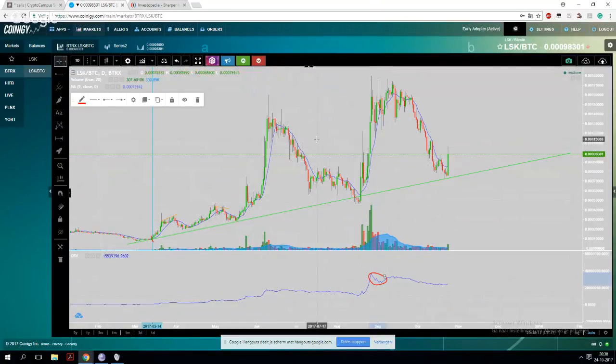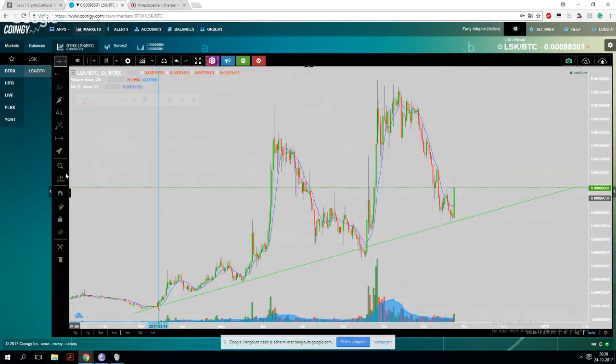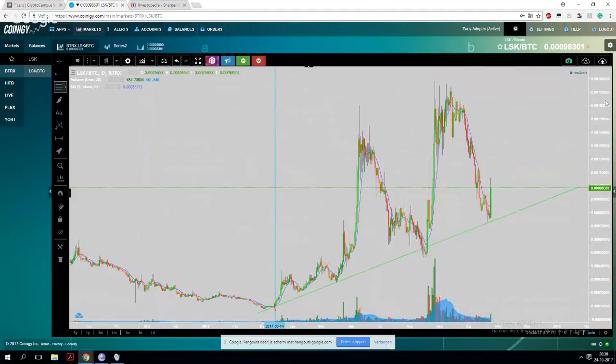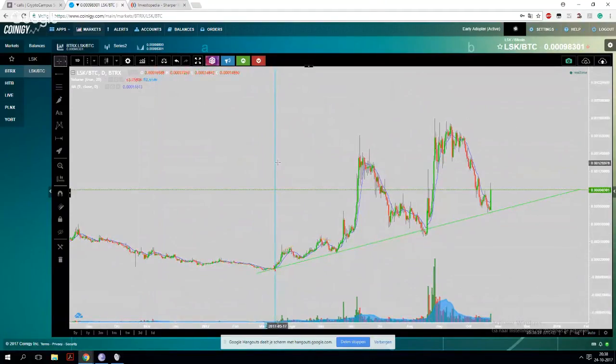Next, it's going to be as a request, but also as something I would like to do. If you click on the left side of your chart, you will find Fib retracement, aka Fibonacci retracement. First of all, Fibonacci was a guy, and he discovered that in nature and also in charts, basically in everything, there is a sequence of numbers.